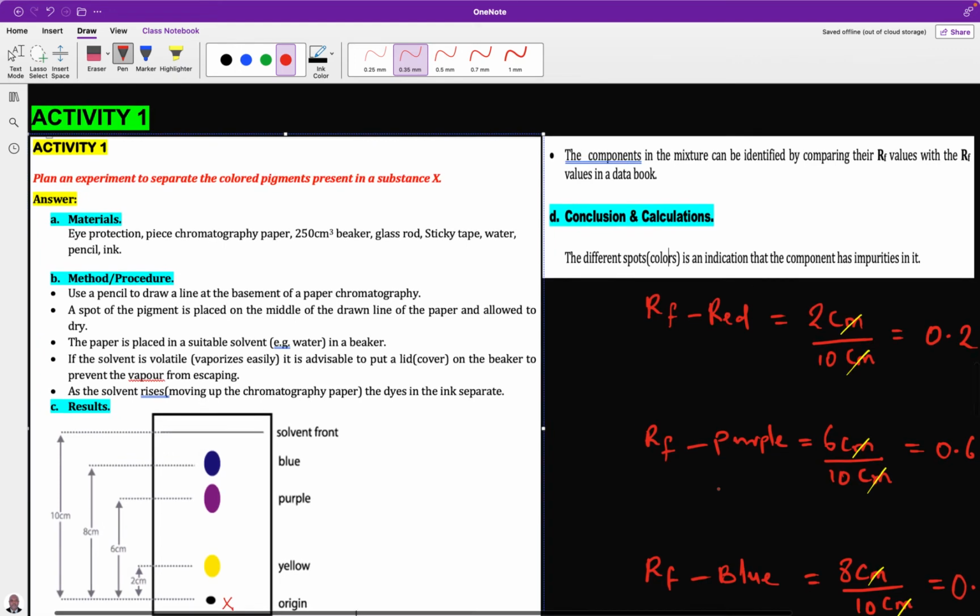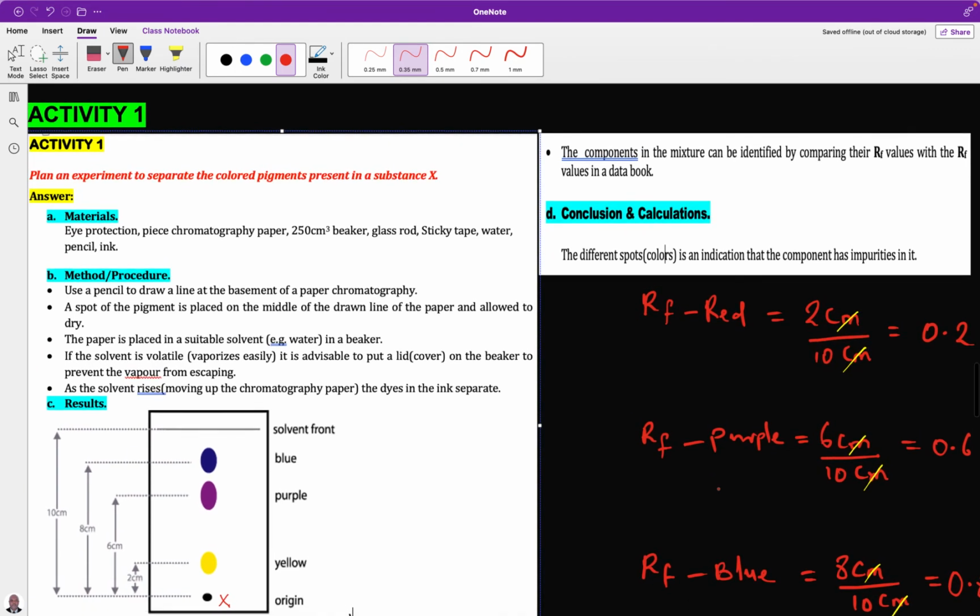Conclusion in your experiment: your conclusion should be that the different spots or different colors are an indication that the component has impurities in it. The substance X has impurities in it, as indicated by the different spots, the different colors.